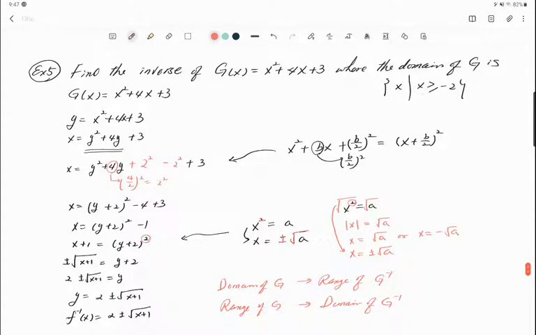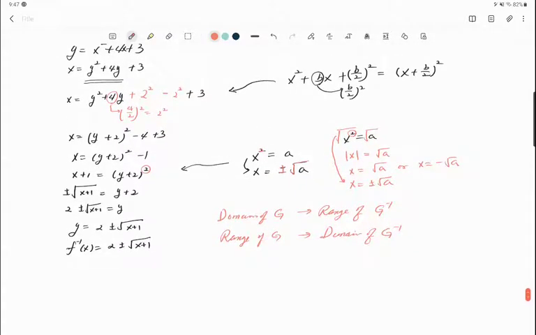All right, so look at this. The domain is x greater than or equal to negative 2, right? So since the domain is greater than or equal to negative 2, the range of the inverse has to be greater than or equal to negative 2.